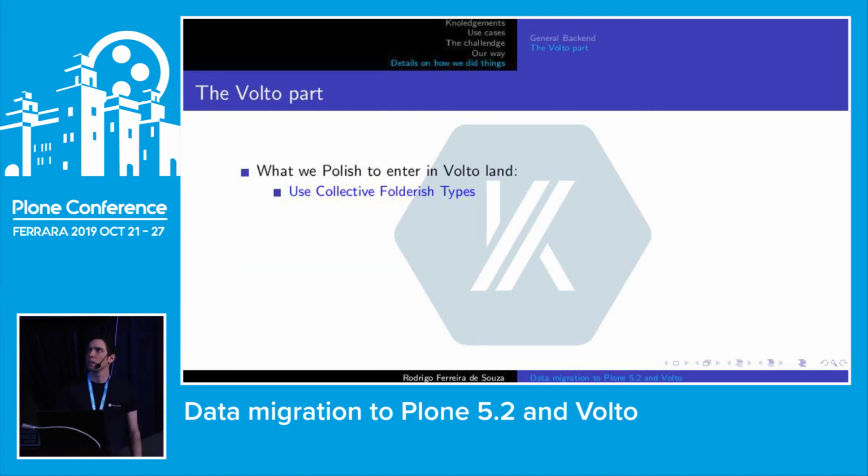Okay, I already talked something about the Volto part, what we need in our use case and is in our code. We use collective folderish types because Volto doesn't have the idea of default pages.